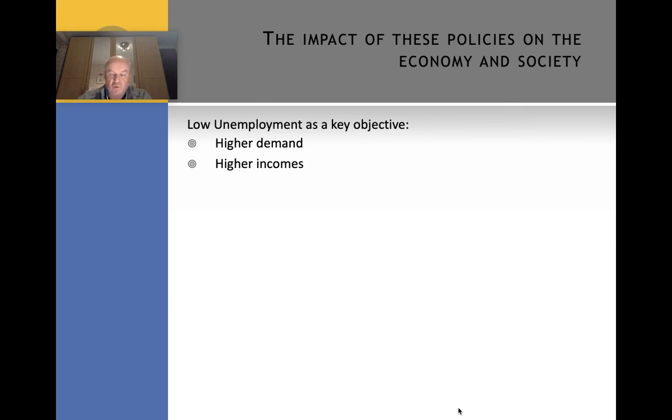That's going to mean that more firms will want to employ people to satisfy the extra demand, and that should then lead to more people being employed, and hopefully they will also be on higher incomes. That's going to mean improved standards of living, and that's then going to mean higher levels of tax revenue for government, because more people in work will mean more tax will be gathered.